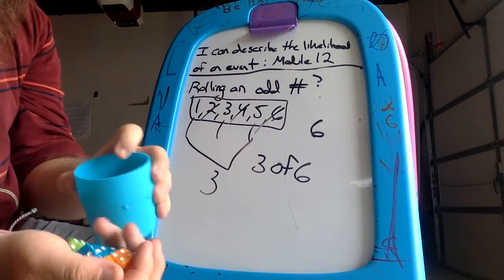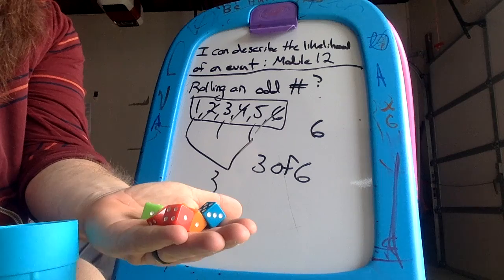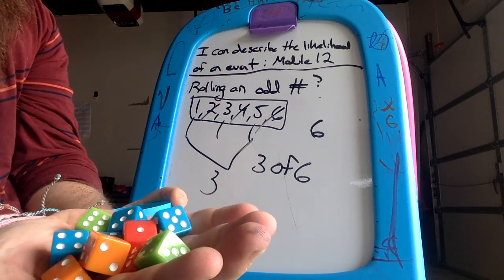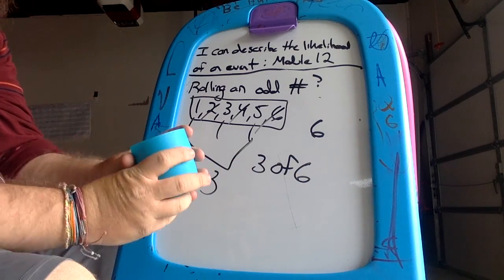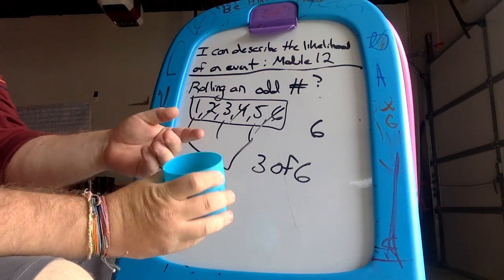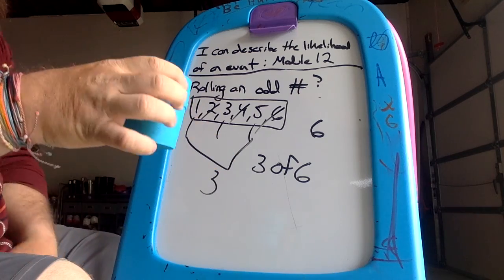Just like I said, here's a great example to end off the lesson. Look in here, okay? Let me show you guys. We got blue, orange, red, green. Look at all these colors we got. Blue, see them all? Okay, I'm putting them in. So we got multiple colors inside here, right? I believe there's 14 dice in here.